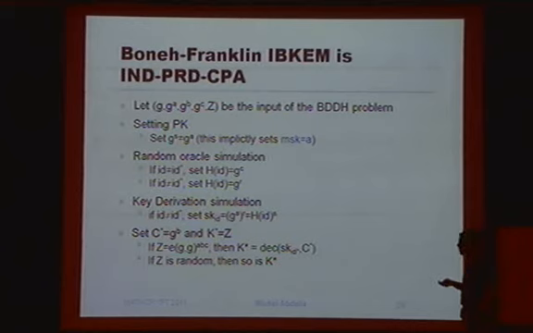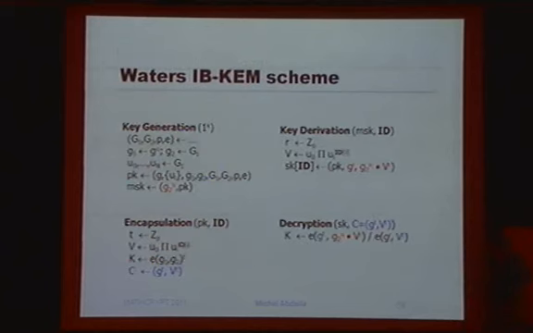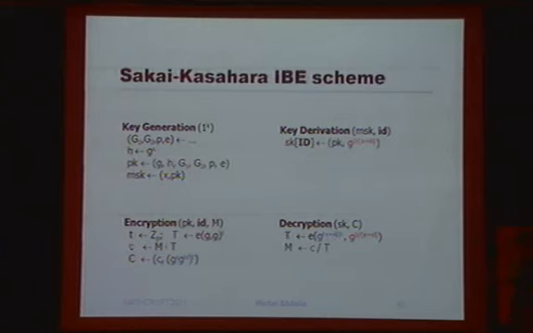The key would have the right format, and if Z is random, so is the key. We can do a similar proof for the Waters IBE CAM. So it shows that most of the CPA schemes do meet this notion. Then there is the Sakai-Kasahara scheme. This scheme is quite simple, as we said, and the encryption.